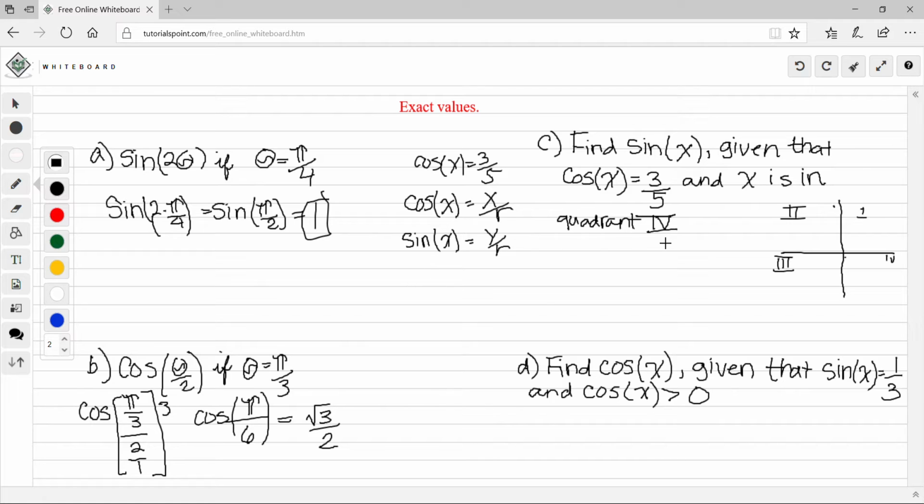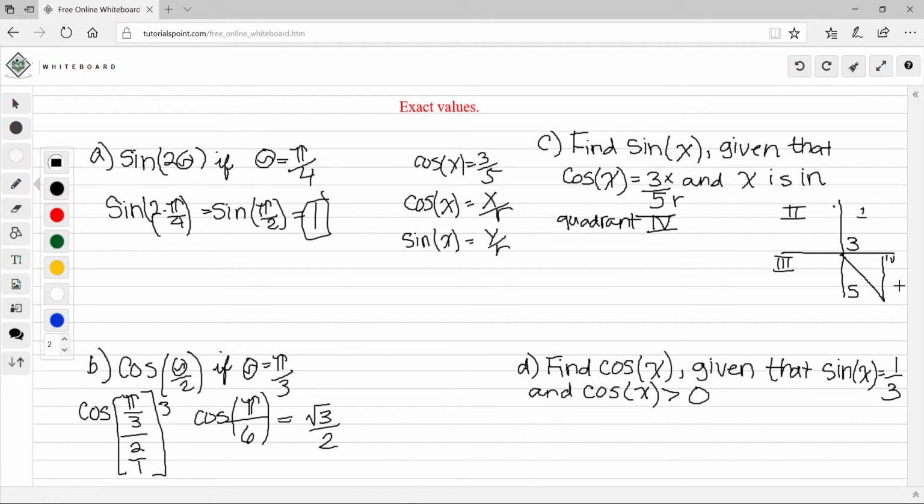So in quadrant 4, cosine is 3/5, so you've got to draw the triangle, right? Cosine is x over radius, so 3 is our x and 5 is our radius. So cosine is 3 and it's positive because it's in quadrant 4, and then the radius is 5.